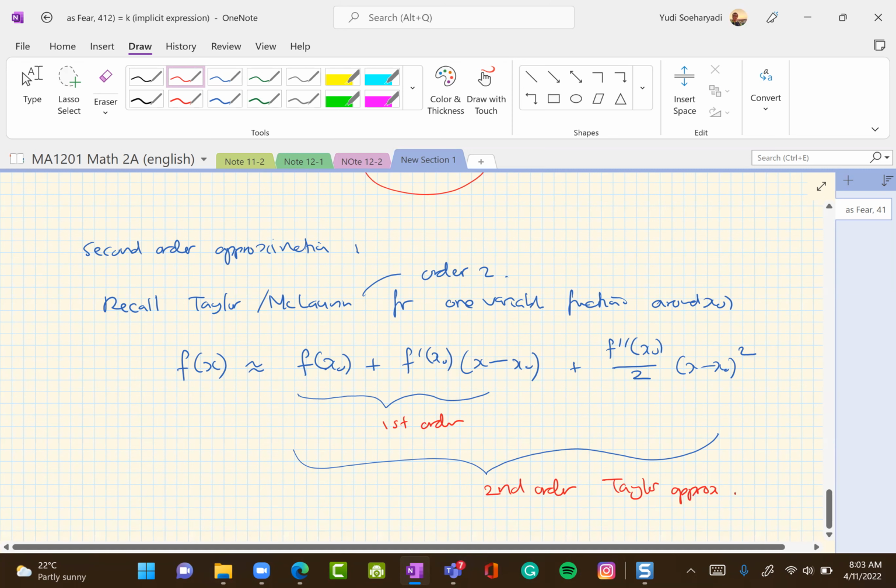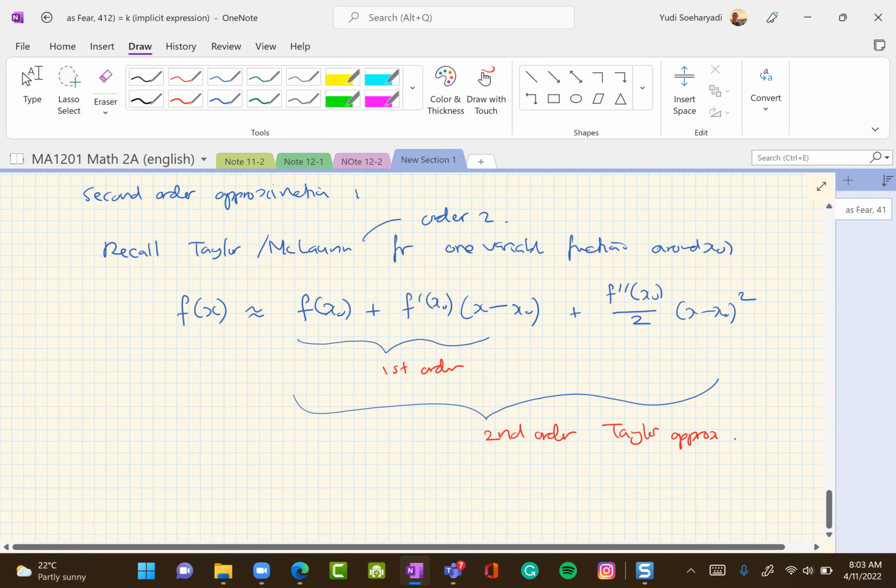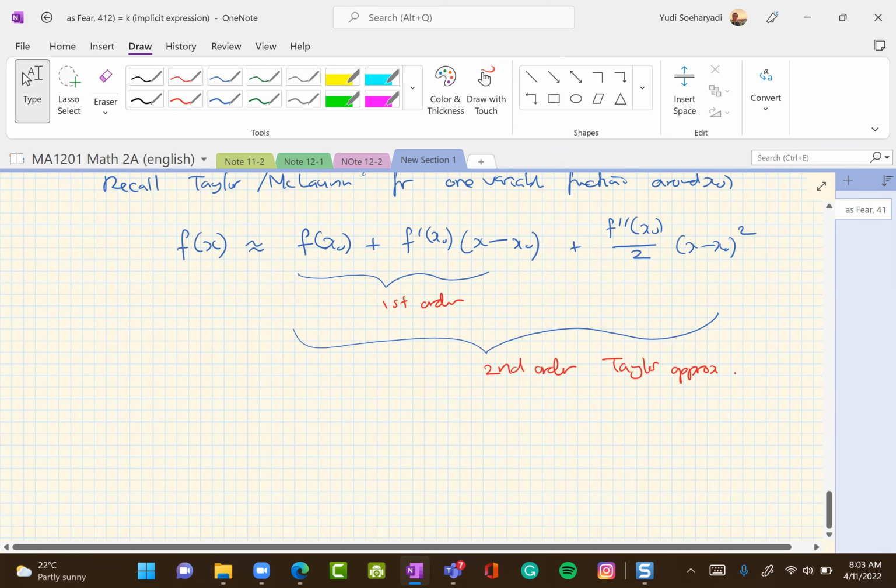Now for two variables we have a similar thing. This is just kind of the magic. I just give you the formula without deriving those. For two variables, you would have something like this.